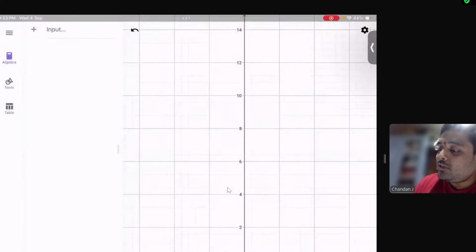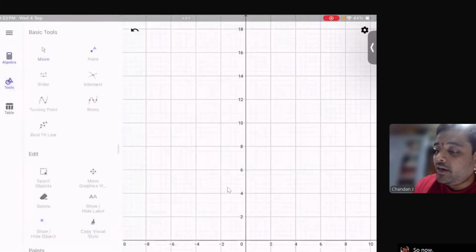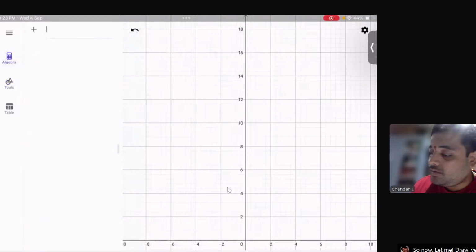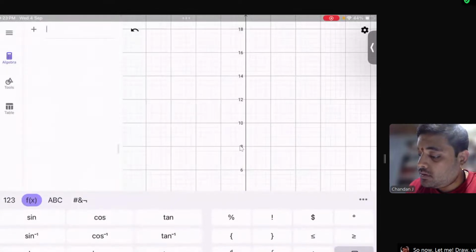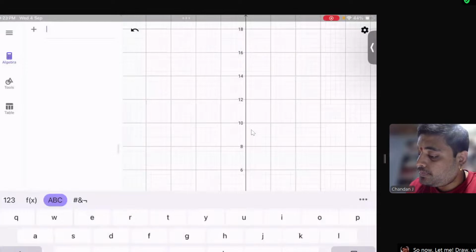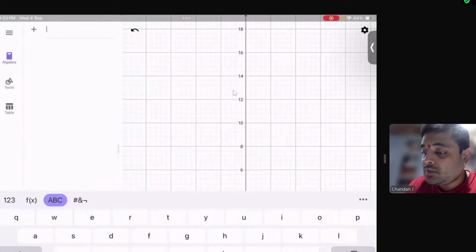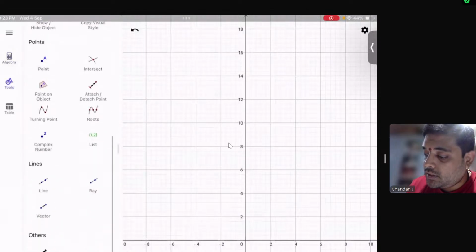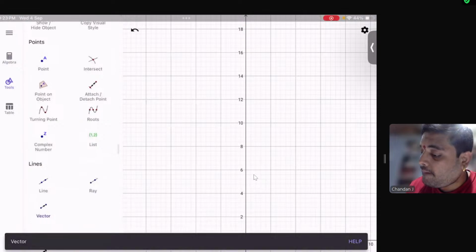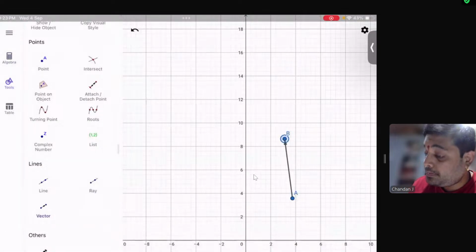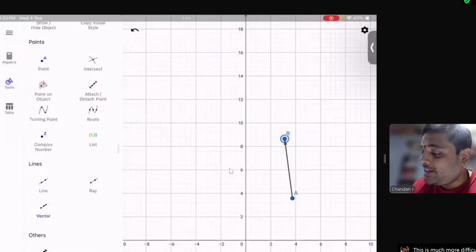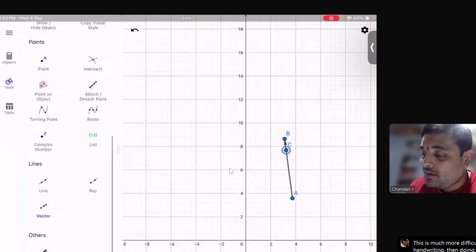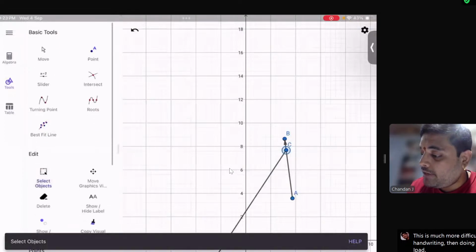Okay. So now, let me draw a vector. Simply for me. This is much more difficult than doing it on an iPad. This is really difficult.